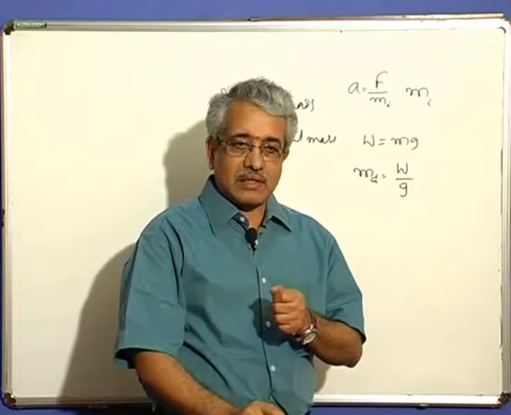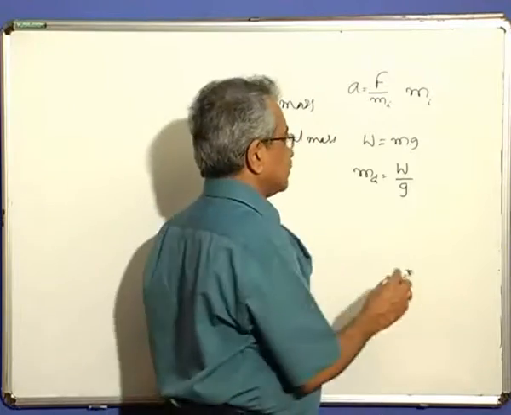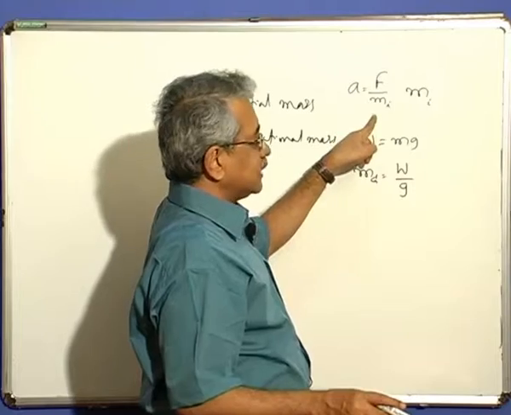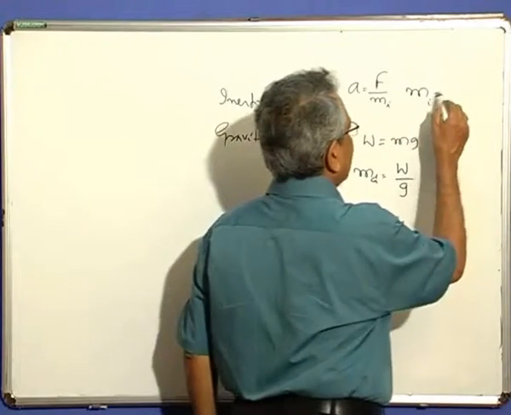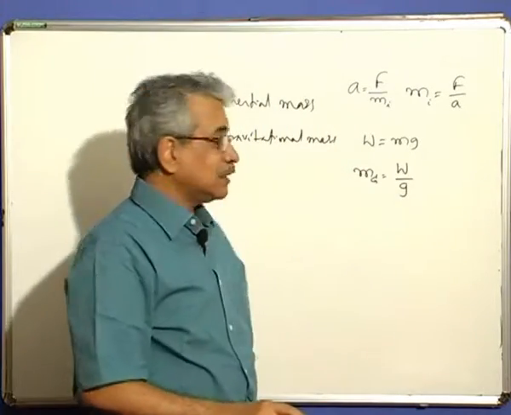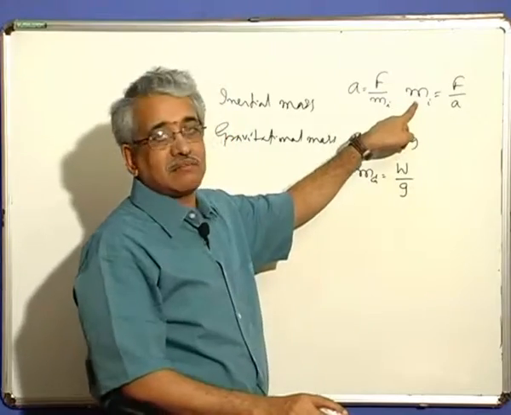Because of the inertia in the body, the force applied will generate a proportionate acceleration. So we find the acceleration as this ratio. If you now calculate the mass as the ratio of force and acceleration, then you will find it as inertial mass. This is the way of measuring inertial mass.